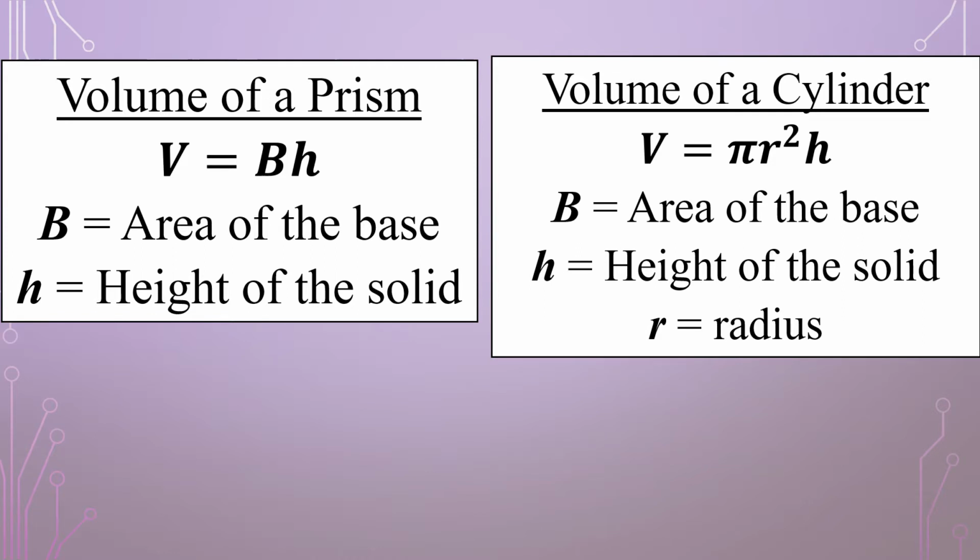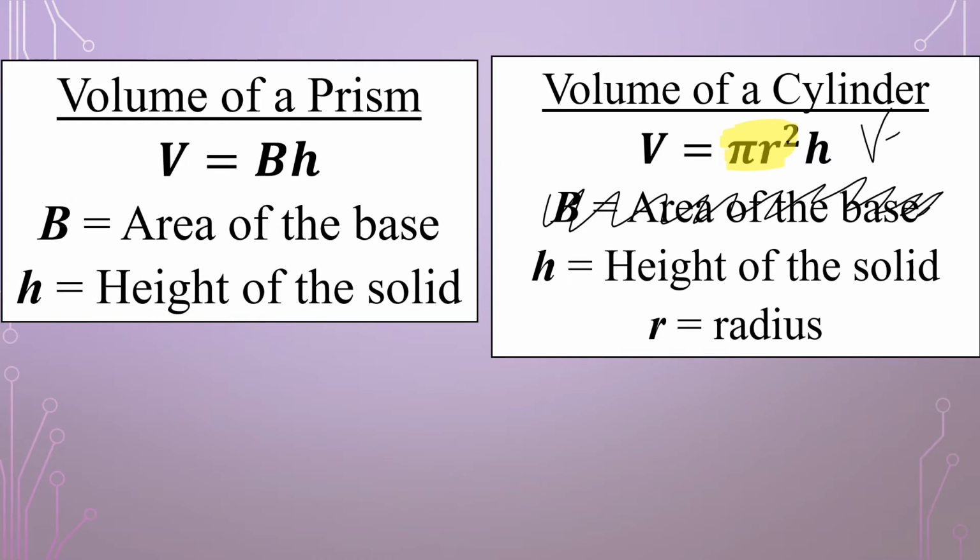Volume of a cylinder is still your B times H, but the area of a circle is pi r squared, so that's why we just leave it as pi r squared times H. B is the area of your base, which I guess you technically don't need. H is the height of your solid, and R is the radius.